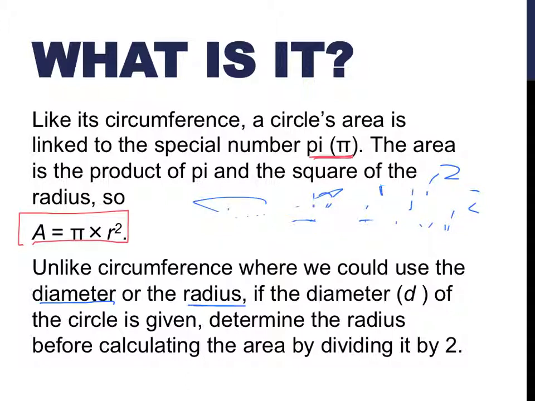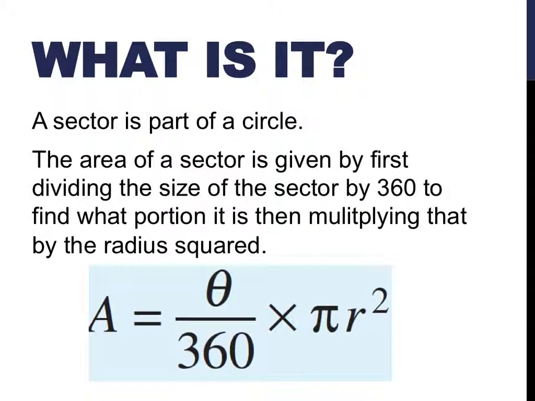At the start I said it was areas of circles and sectors. Quick refresher, a sector is part of a circle, it's not the whole thing. It's a portion. Remember, when we're working with part of something, it's a fraction, a fraction of a circle. So we work out the area of a circle, same formula, pi r squared, but before that, you need to ask, how much of the circle do I have?